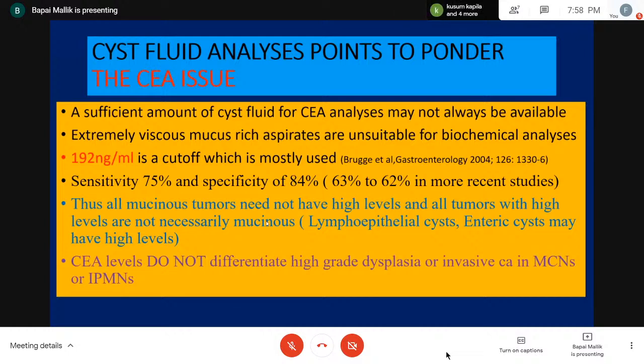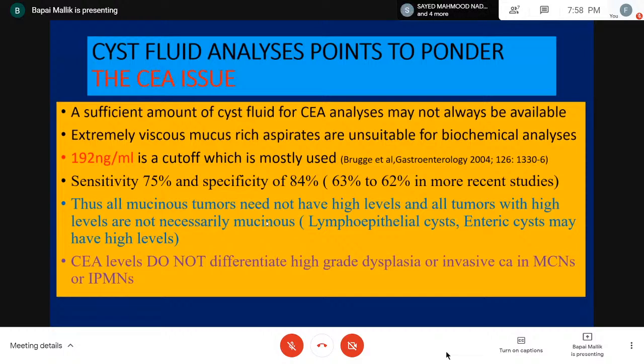So what is the cutoff? The cutoff, according to a study, and this is almost like the main reference point which people like to look at, by Brugge et al., published in 2004, is roughly about 192 nanograms per milliliter. It is a cutoff which is most often used.